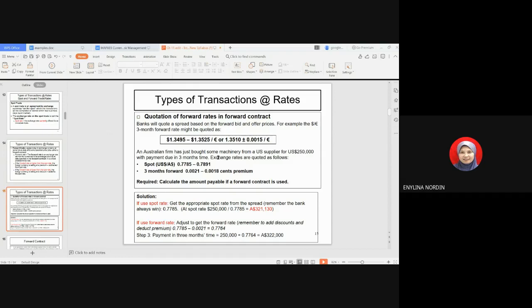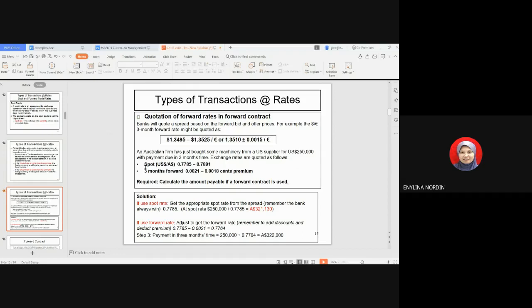And then the exchange rates are quoted as follows. The current exchange rate for US dollar against Aussie dollar is 0.7785 to 0.7891. So this is the spot exchange rate, maknanya today's rate. Let's say it is today's rate.